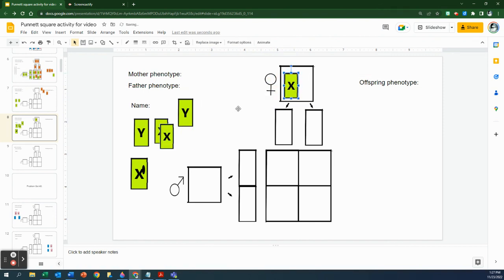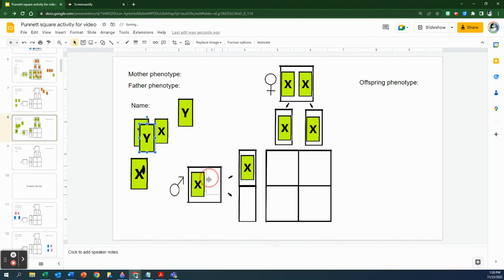There are variations possible, but that's the standard. Women are XX, and so they're passing on in their genetic material the X's.